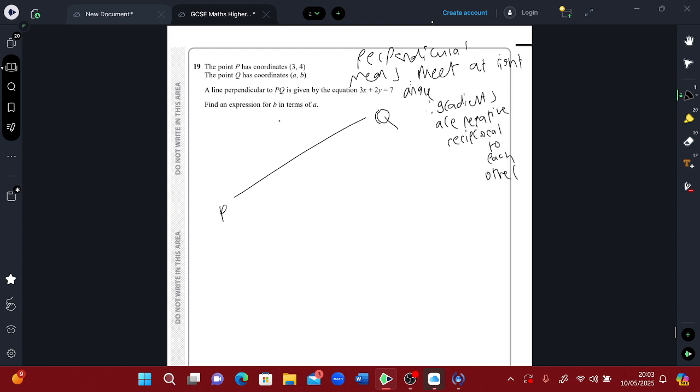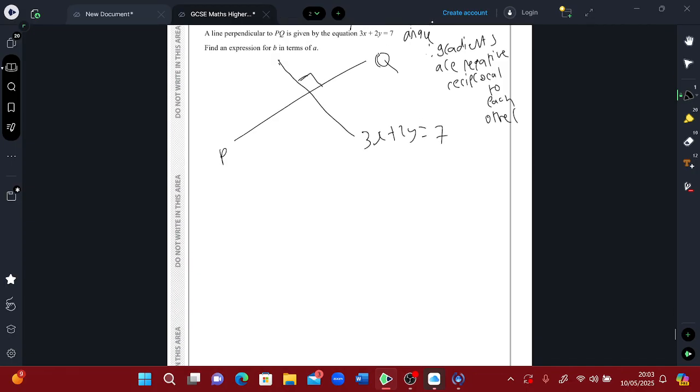That should be something you should be familiar with. So this line would look like this, and it would have a right angle there. So this is line PQ, and this is the perpendicular line, and this has the equation 3x plus 2y is 7.